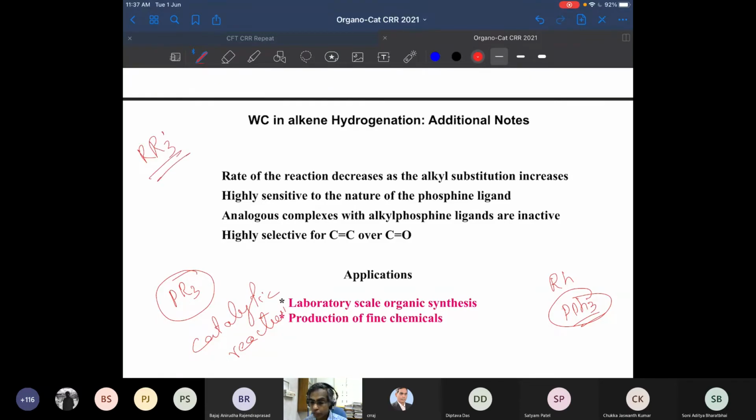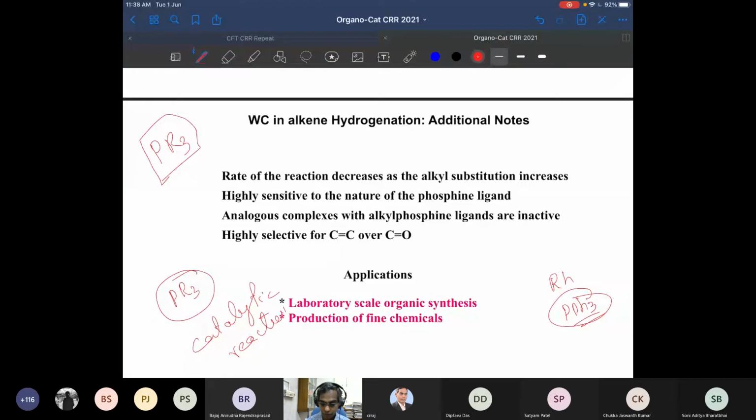In one step, we say that one of the ligands should dissociate and then come and associate. So the PR3 ligand is not a good leaving ligand, and the rate of the reaction will decrease if you have a PR3.